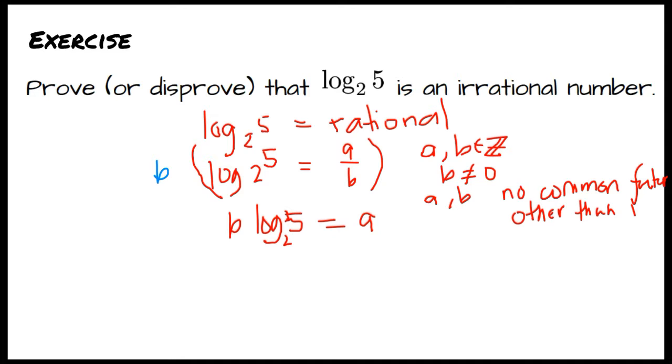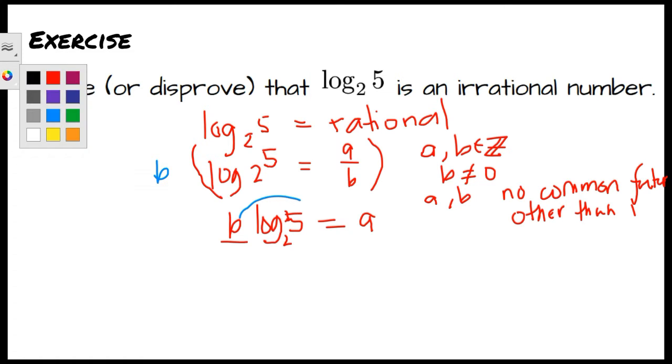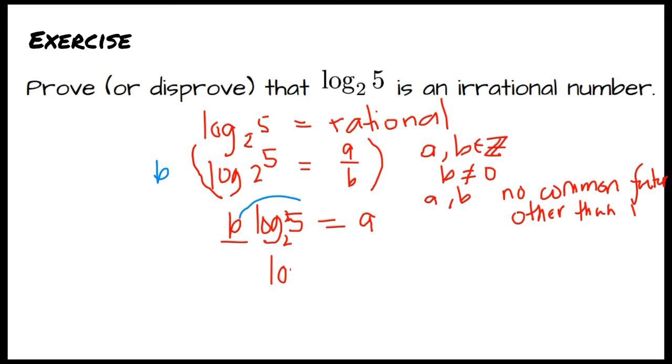Using simple logarithmic simplification, the coefficient b will become an exponent, so it will go here: 5 raised to b. So the equation will become log of 5 raised to b, base 2, is equal to a.